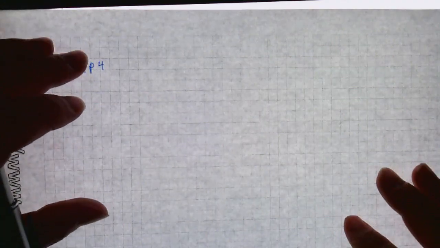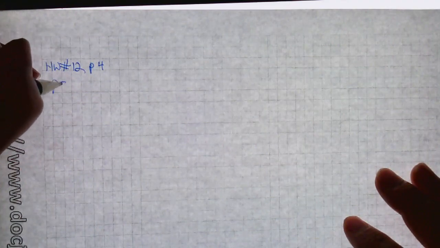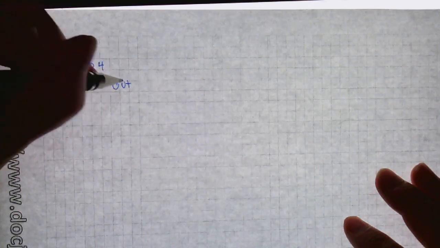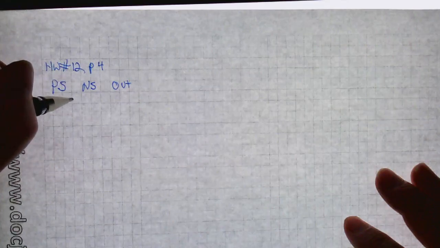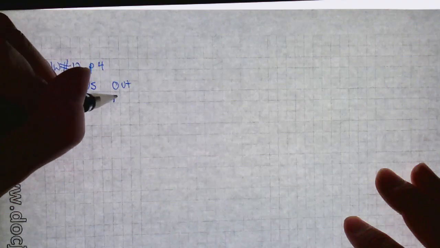So let's do this. I'm going to go to problem number 4, and I'm going to write the present state, next state diagram. Present state, next state, output. The next state is going to have xy 0 0, 0 1, 1 1, 1 0.